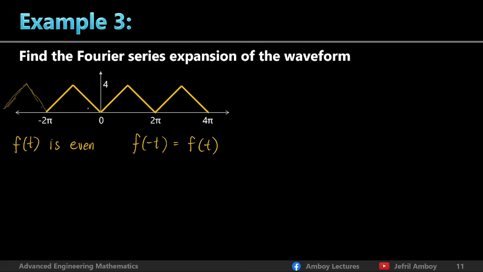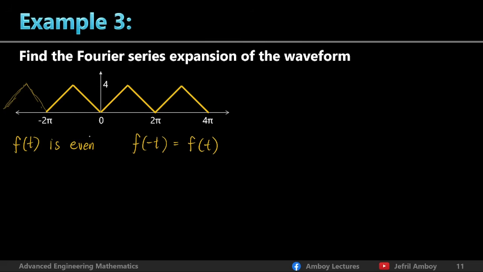So the graph on the left side is the same as the graph on the right side. Ayan, kapag ang graph sa kaliwa at yung graph sa kanan ay magkagaya, that means the function is even. Okay? Mahalaga na ma-establish natin yan ha. Bakit? Kasi magagamit natin yung even properties ng waveform na ito sa pagko-compute ng mga Fourier coefficients.